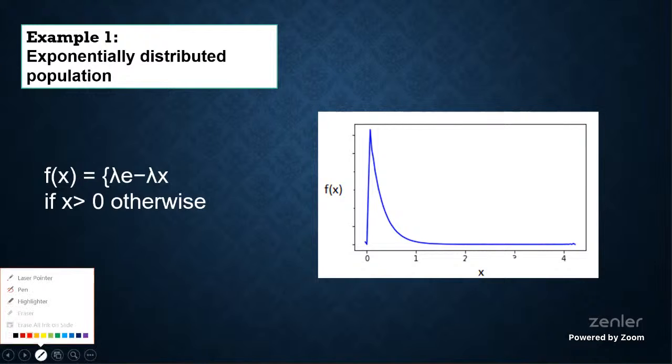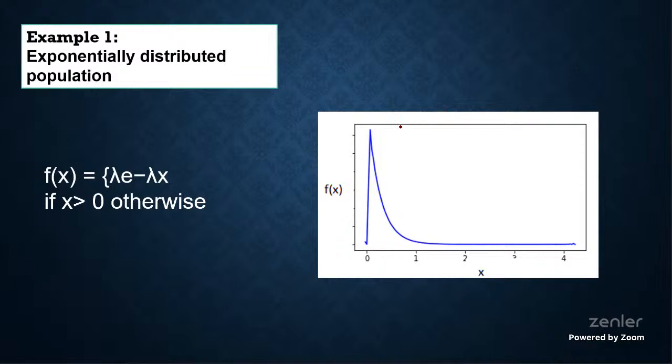So suppose this is the graph for the question I spoke about. We know that the parameters are lambda, and lambda is your rate parameter. If we take 1 by lambda, it would be both the mean and the standard deviation.